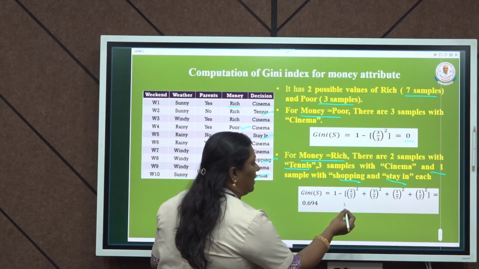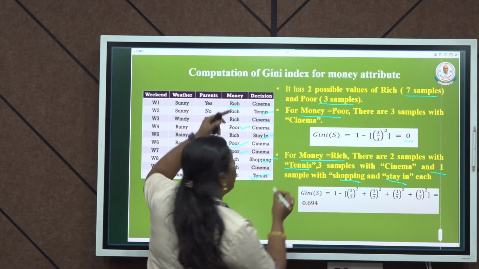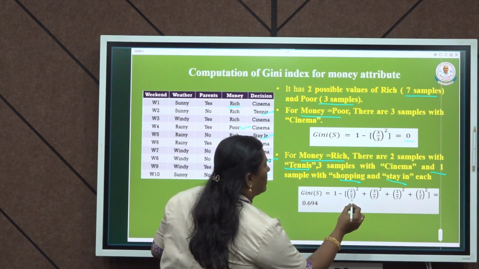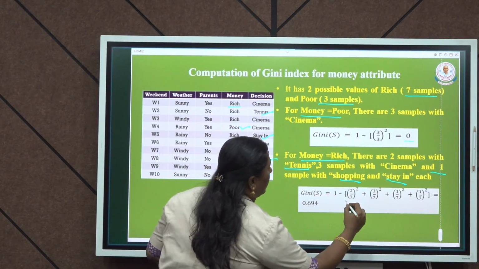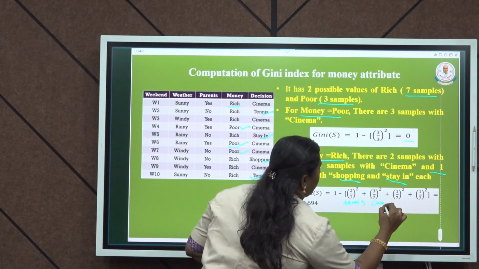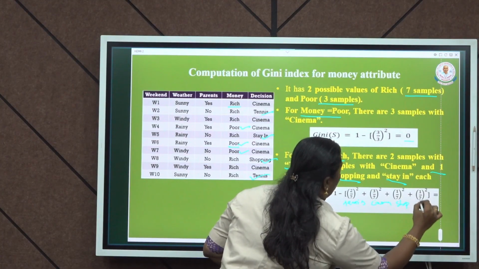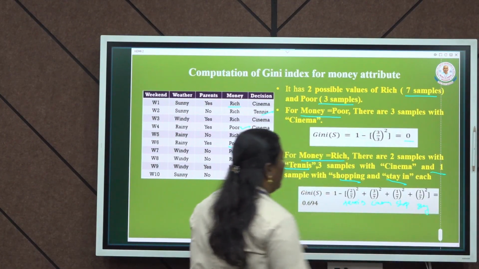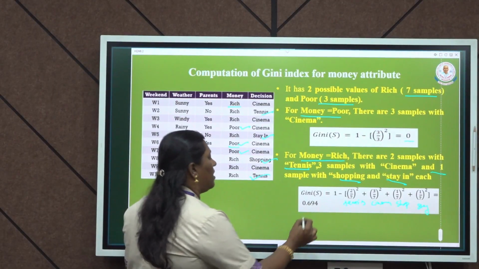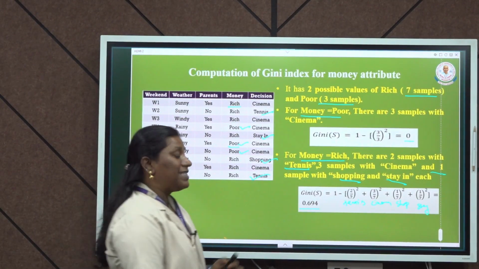So 1 minus, out of 7 rich samples, 2 samples of tennis, 3 samples of cinema, 1 sample with shopping and 1 sample with staying. While calculating this formula, we get 0.694 as the Gini index for rich.